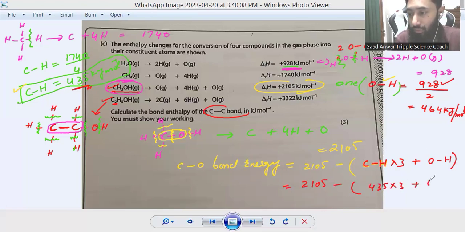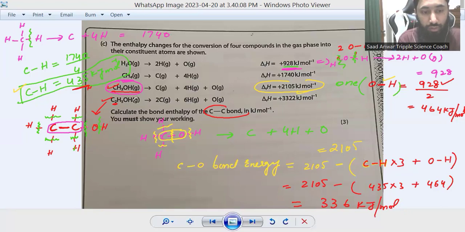The oxygen-hydrogen bond is 464. Solving with a calculator, you get 336, very good. 336 kilojoule per mole.